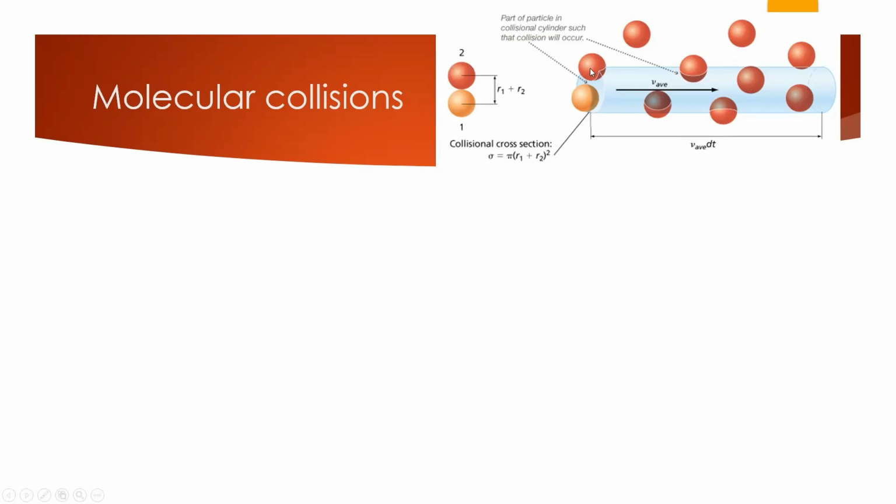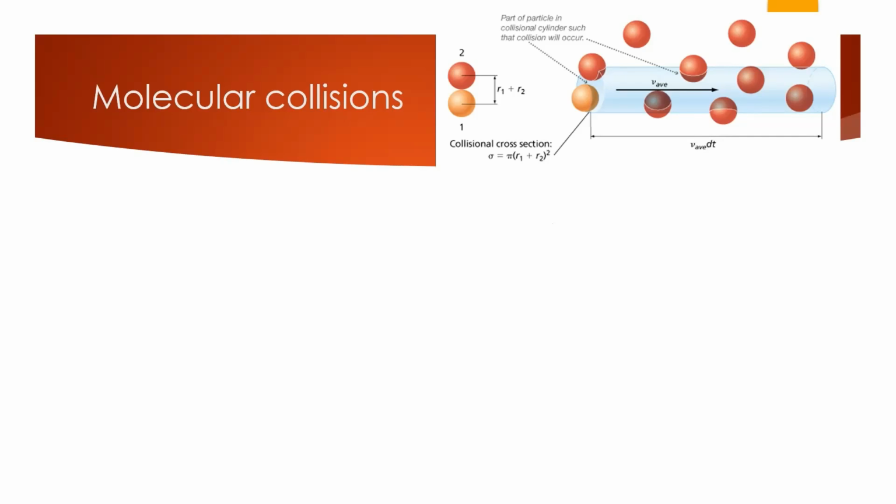So the radius of this cylinder that our particle is carving out is actually the sum of the radii of our particle that's moving and also the particles that it's colliding with, since it will actually collide physically with these other particles. The area of the cylinder, we call this collisional cross-section, and that's simply pi r squared, but the r is the sum of the radii of our moving particle and also its collisional partners. This setup only works if all other particles are stationary, which is obviously untrue.